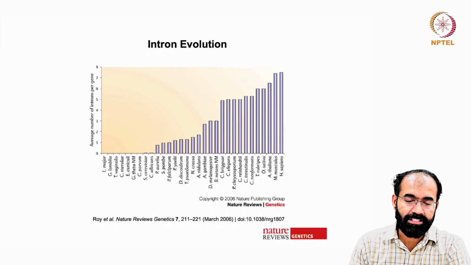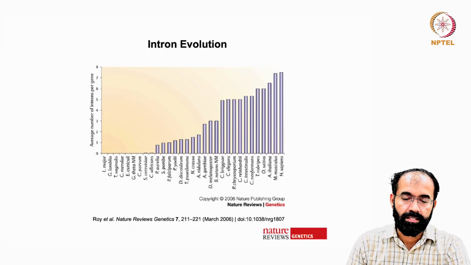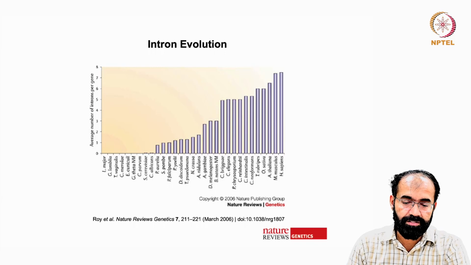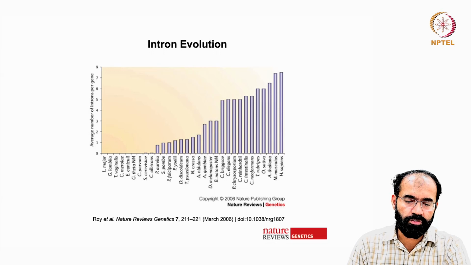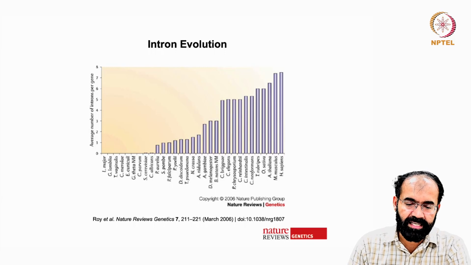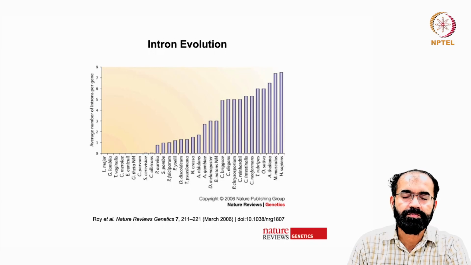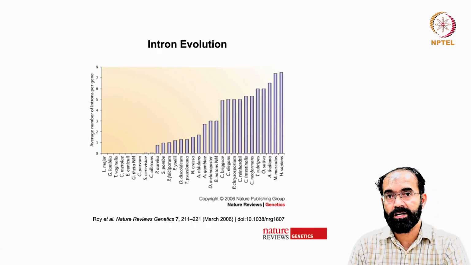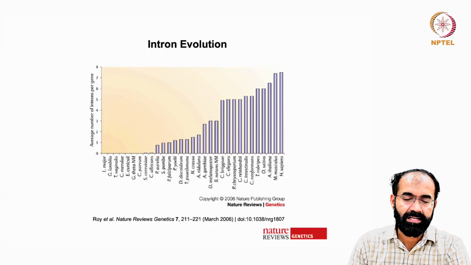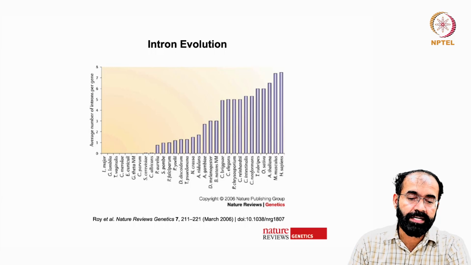As you progress from yeast onwards, you reach up to Homo sapiens. Different mammals are there, and Neurospora crassa, which is a fungus species, and C. elegans, which is a worm. The names of these animals are not important, but understand that in the evolutionary time scale, as animal complexity increases, you always have an increase in the average number of introns per gene.